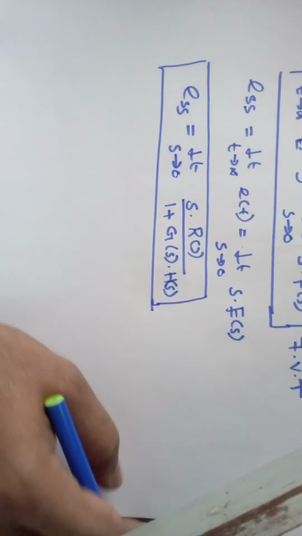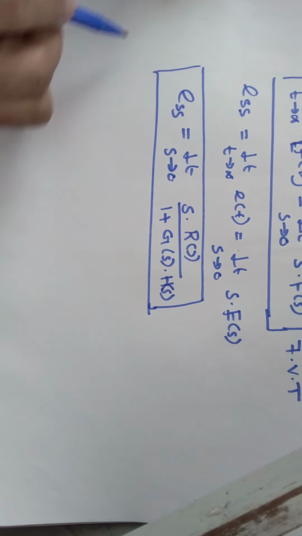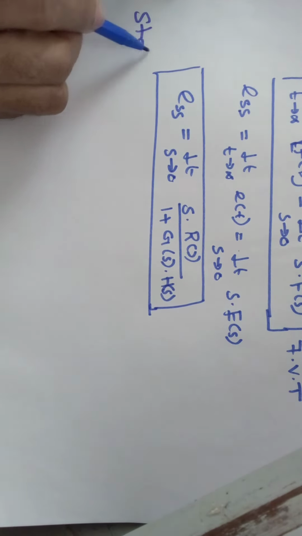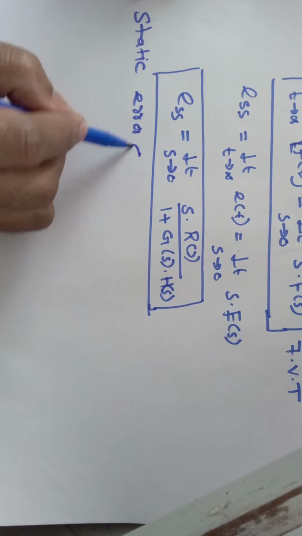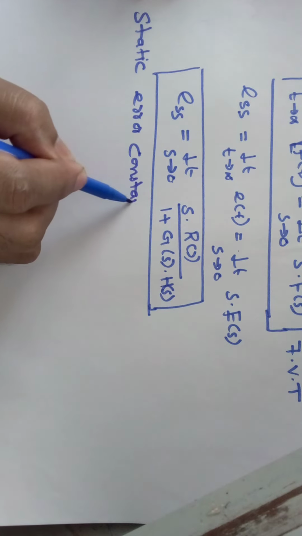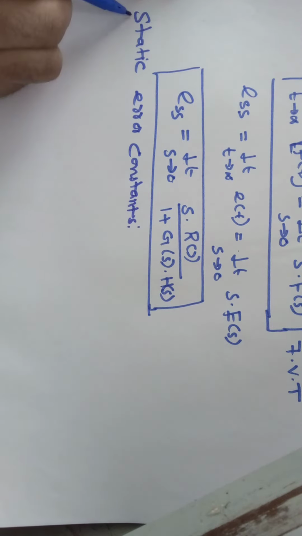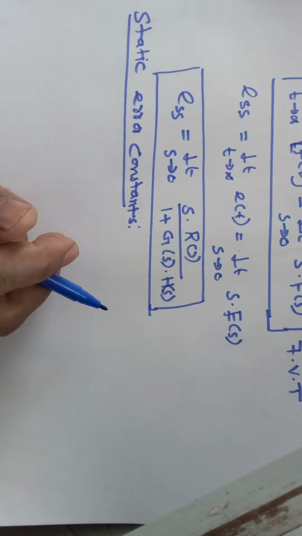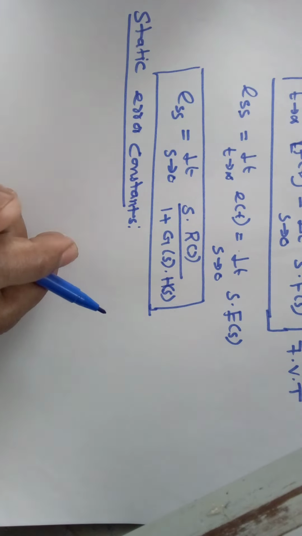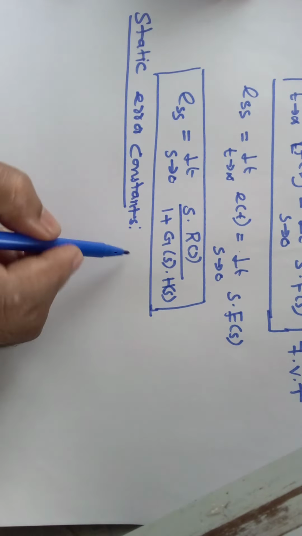So now let us see some of the static error constants. What are the static error constants? When a control system is excited with a standard input signal, the steady state error may be 0, or it may be constant, or it may be infinity.